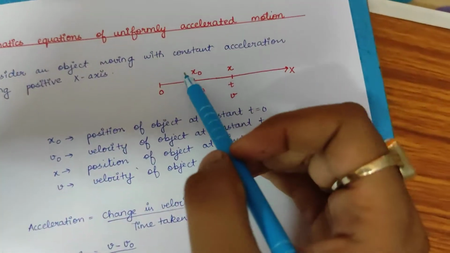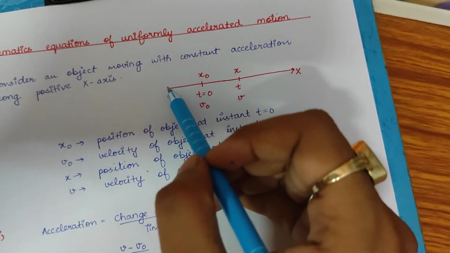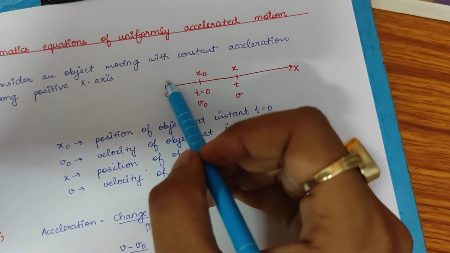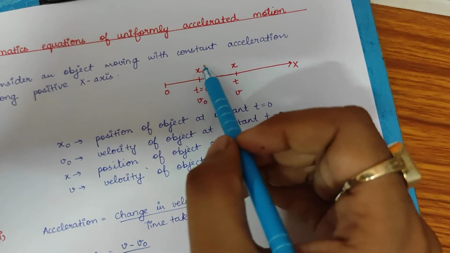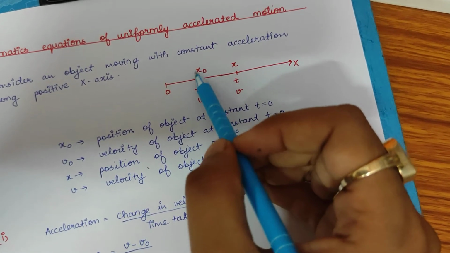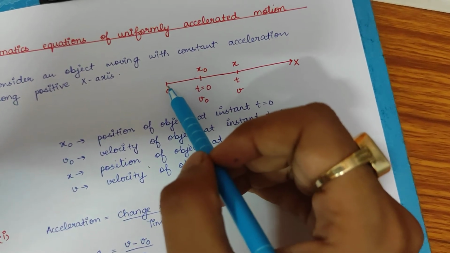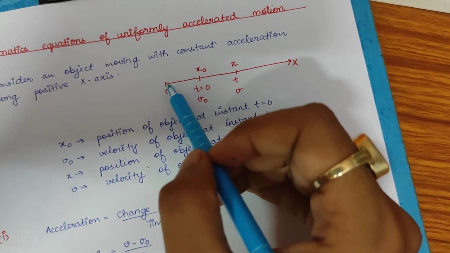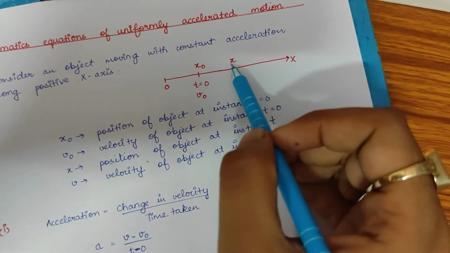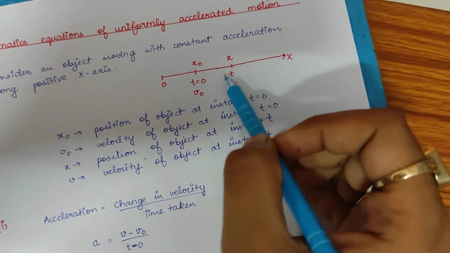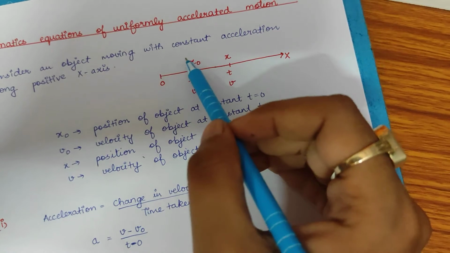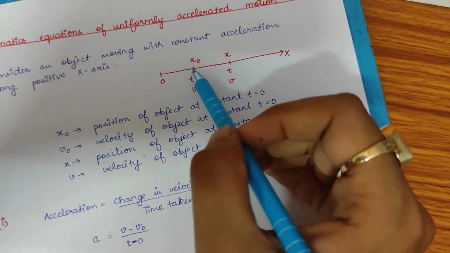How do we find displacement? From the origin O, the object has covered distance x naught at time t equals 0, and the object has covered distance x in time t. So the displacement will be x minus x naught.